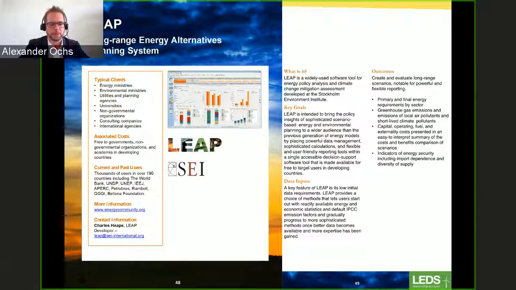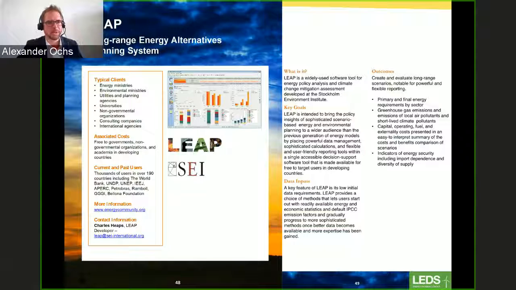Really a key feature of LEAP is that it's relatively easy to use and requires very limited data up front, and if you do not have data, it gives you default data from prominent sources like the IPCC, for example, on climate emissions. 2 more to go.